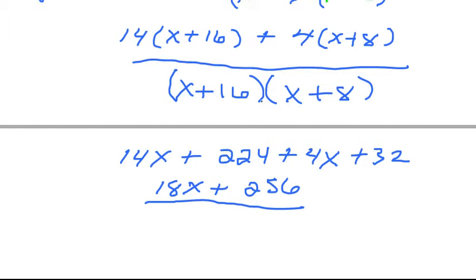And we might want to multiply this stuff out. I can't remember if I do that in the problems or not. We have x times x is x squared, 8x, 16x. 16 plus 8 is 24. Let's see. 24x plus, and then 16 times 8 is 128.